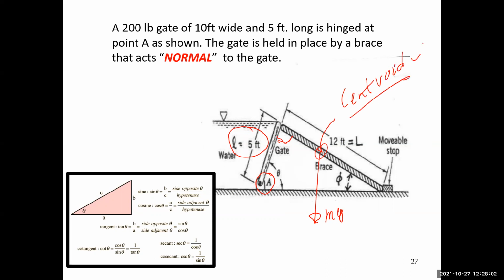And so I want to find the magnitude of my resultant force and also find the hinge reaction forces at point A. Of course, I will have F sub R that will always act perpendicular to the plate.